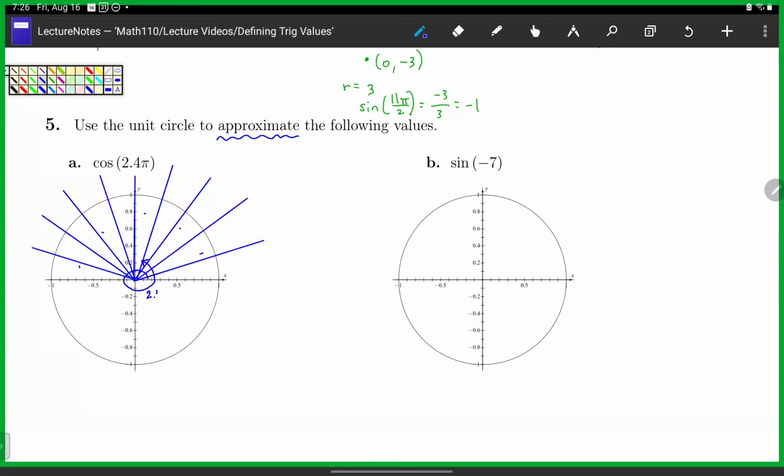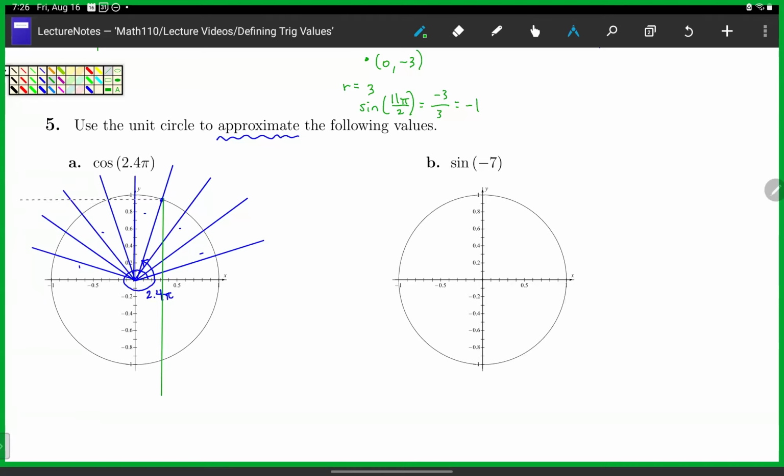That's 2.4 pi, roughly. Now, in this place, I'm going to go ahead and drop a perpendicular, and since I have a ruler, I'm going to just use the y-axis to eyeball a parallel.